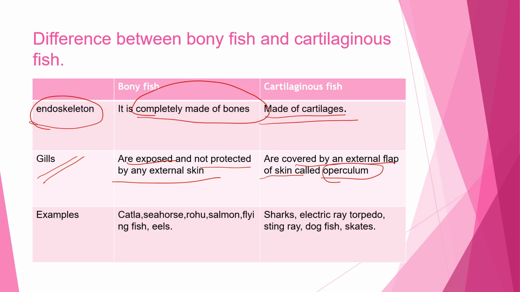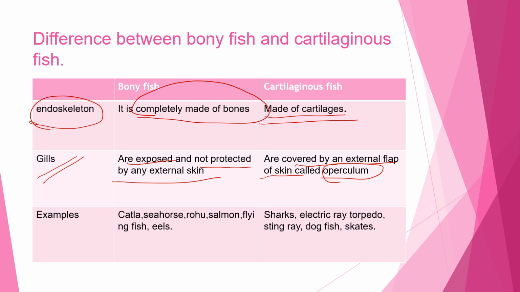But when you see cartilaginous fishes, they are all covered by an external skin called operculum. So what is operculum? It is an external flap of skin which is covering the gills. You should know this, dear children, because you can get a question of 1 mark or half marks on what is operculum. Operculum is a new term you are just learning now. So it is the external flap of skin which is covering the gills.